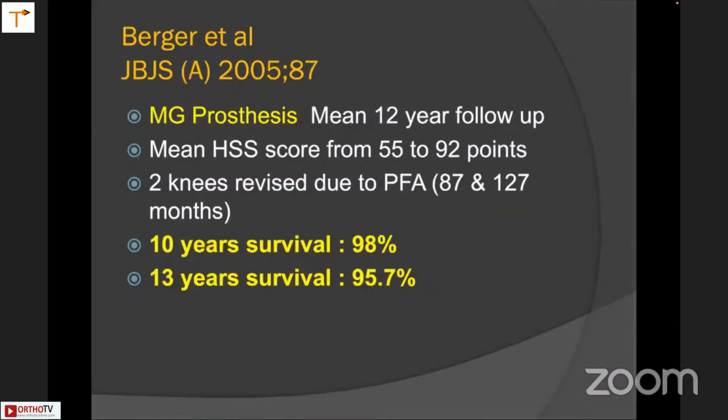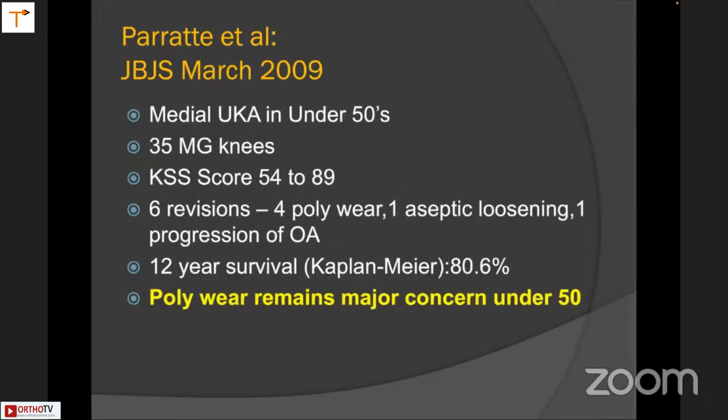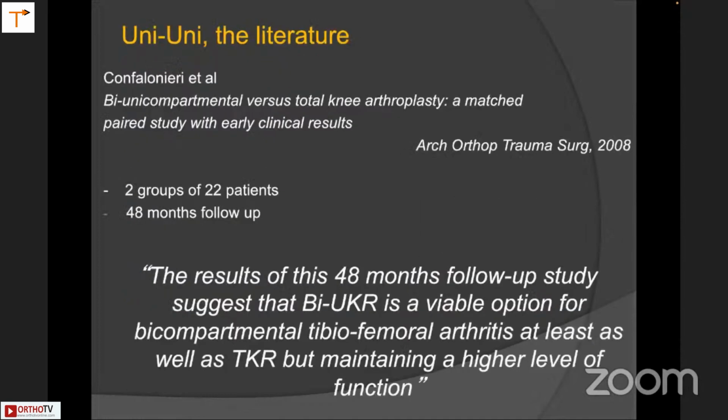A quick snapshot of the literature. Way back in 2005, Rich Berger from Chicago spoke about 13-year survivorship of 95%. Seb here has written extensively on unis, and in the under-50 group, the main concern was polyethylene wear.